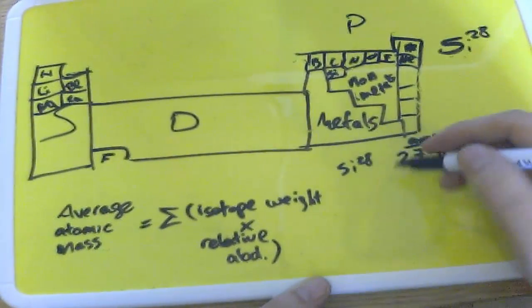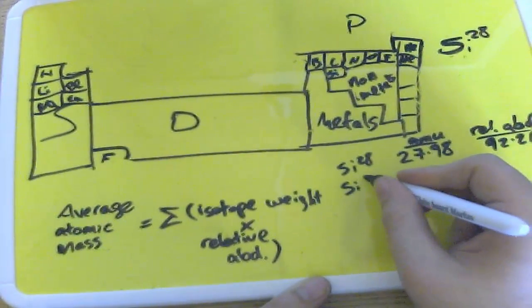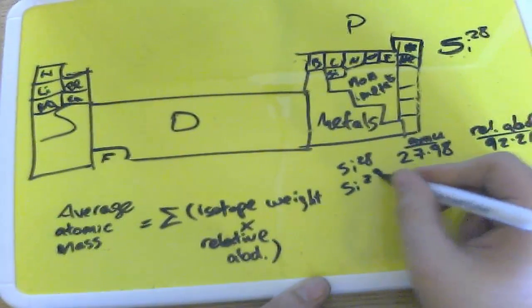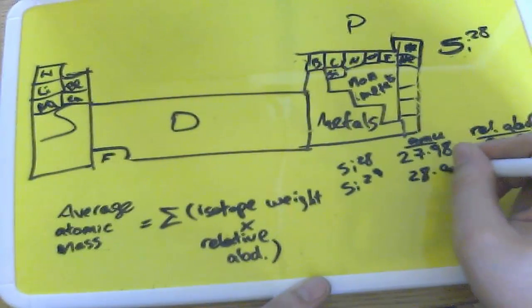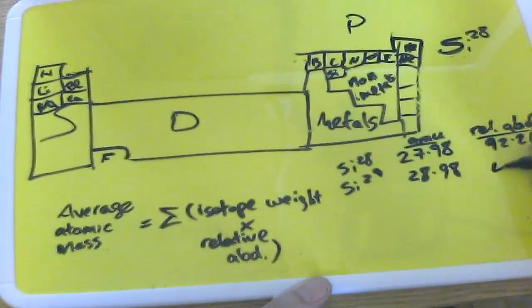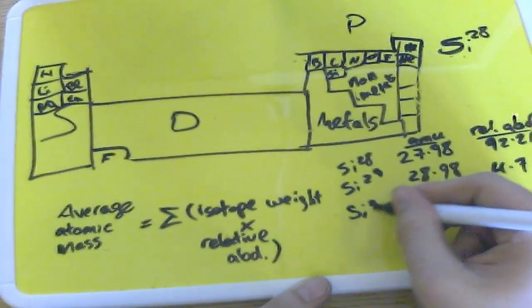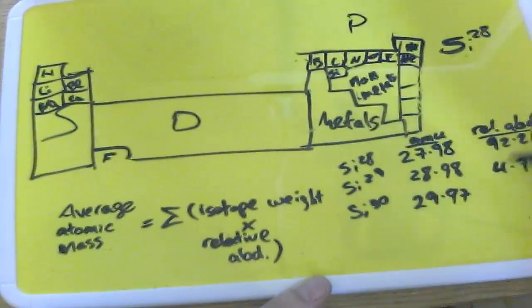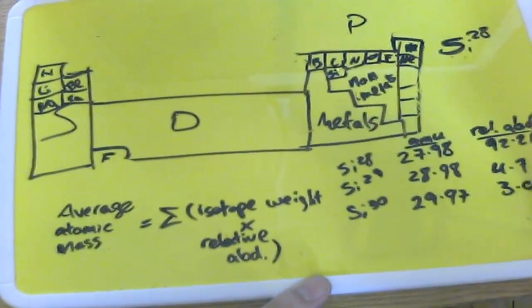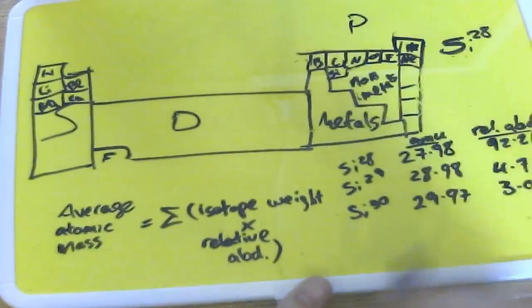Okay, silicon 29 has AMUs of 28.98 and only makes up 4.7%. Okay, last one, silicon 30, weighs in at 29.97 AMUs and is even smaller at 3.09%.